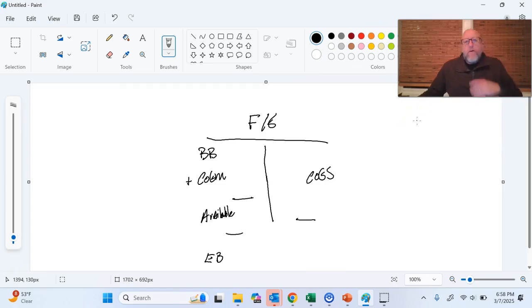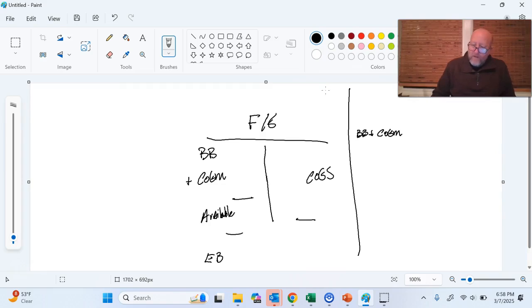I can think of all of these T accounts in formulaic approaches as well. I can turn this into a formula, which would just be beginning balance plus cost of goods manufactured minus cost of goods sold equals ending balance.